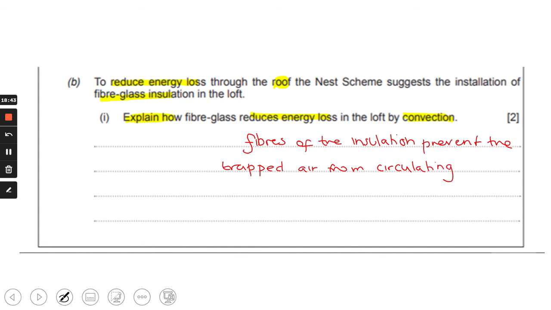So because air isn't circulating, this will stop convection currents forming. And because there's less heat transferred to the outside wall, it will reduce convection onto the outside of the building.